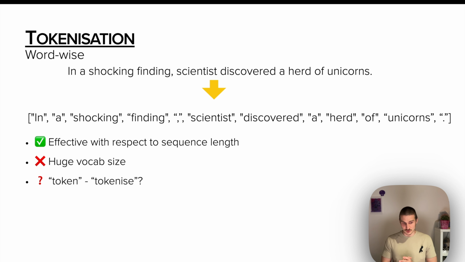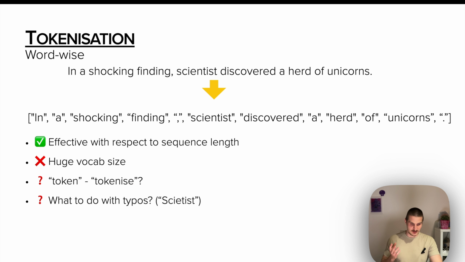Basically, they have the same root. But if you just tokenize by words, you would map them to completely different embeddings, and so the model will have to learn that these two are actually connected. It would be good to have some sort of understanding that there's a root of token, and then this generic suffix that turns the noun into a verb.